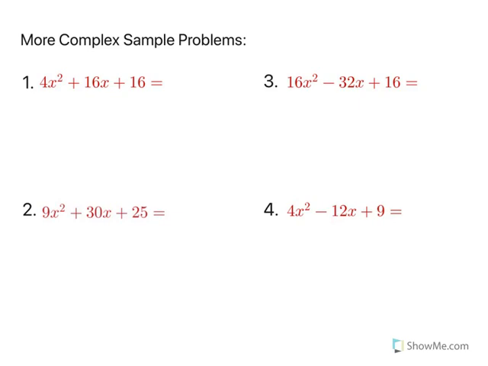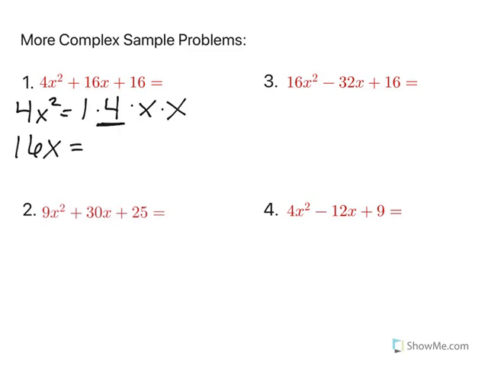And because of that, we also want to look and see, is there a GCF, a greatest common factor? We have 4x squared, which we're going to go with the larger factors. So we've got 1 times 4 times x times x. In our second term, we have 16x.